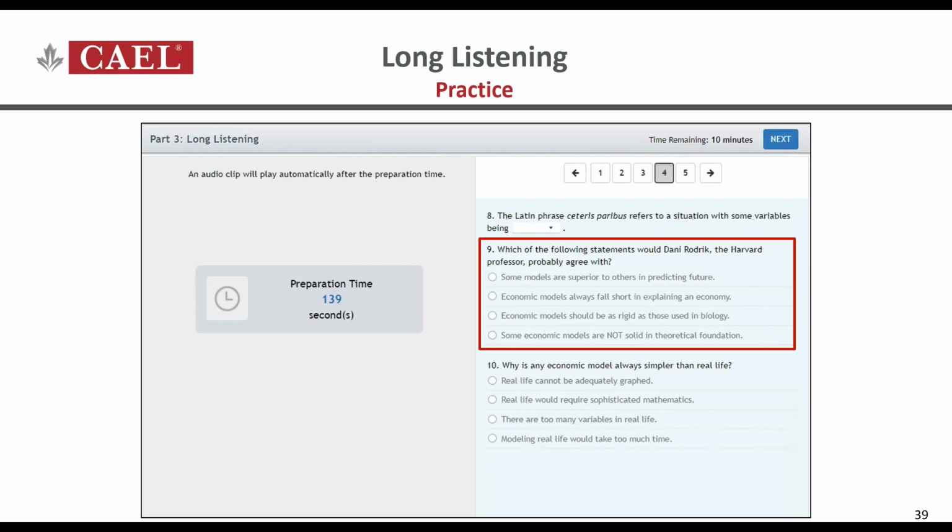Okay, so people are saying probably agree, which is useful for finding out the skill of the question. And also people are saying Danny Roderick. So definitely his name is very important, right? When you hear his name, you know that this information is closely related.